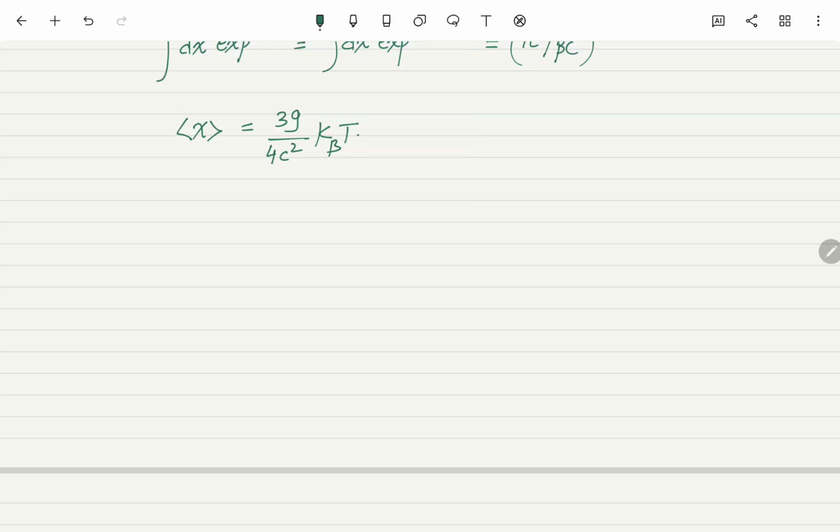Now let's define thermal conductivity. The thermal conductivity coefficient K is defined with respect to the steady state flow of heat with a temperature gradient dT by dx. Now let's define the flux of the thermal energy, J U, as minus K dT by dx.